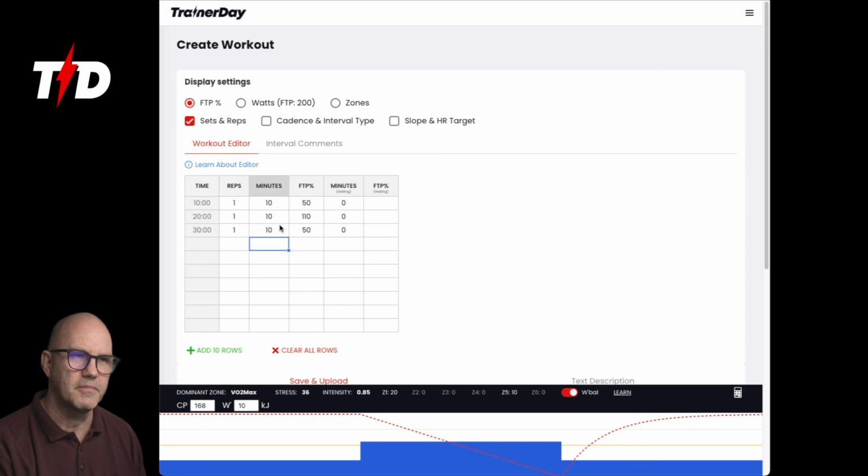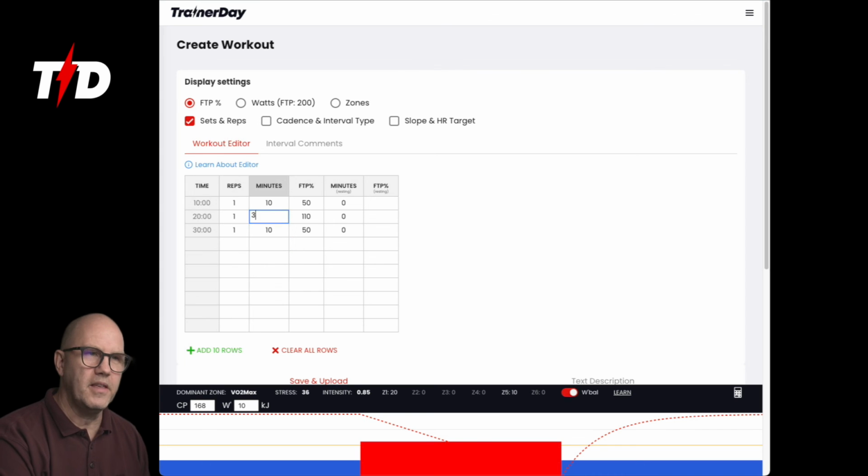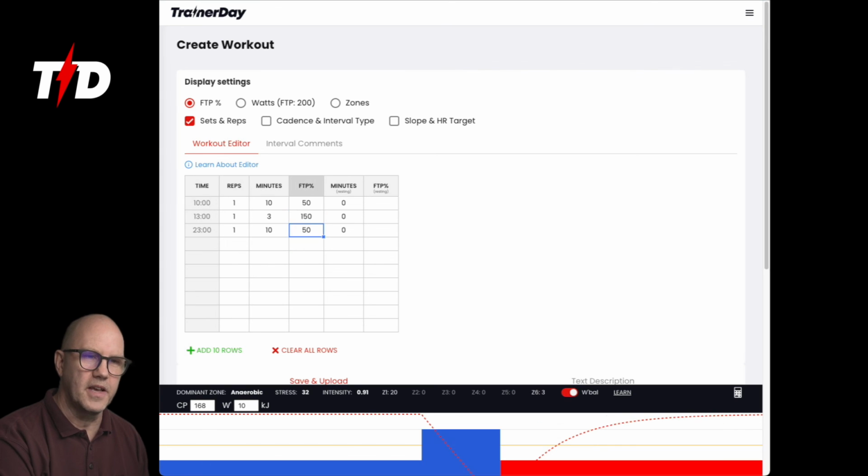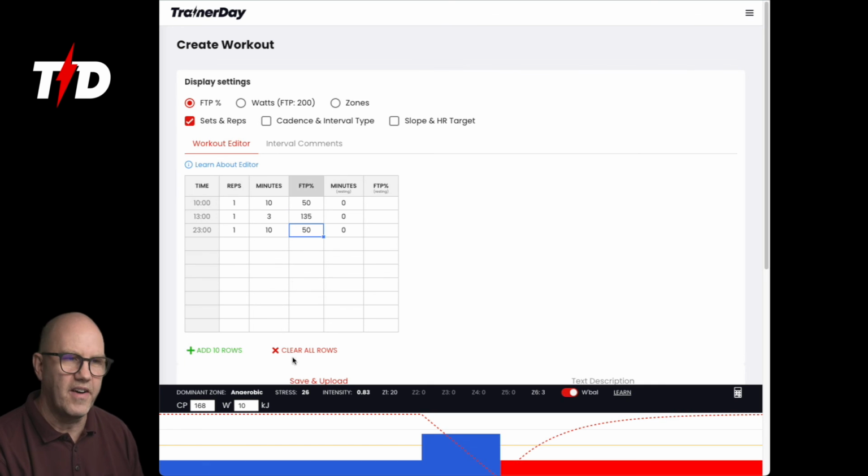Or that could be 3 minutes at 150%. I can't do that, or 140. Could I do 3 minutes at 130, 135? I could probably do 3 minutes at 135 if I have a 10 kilojoule limit at 168 watts.